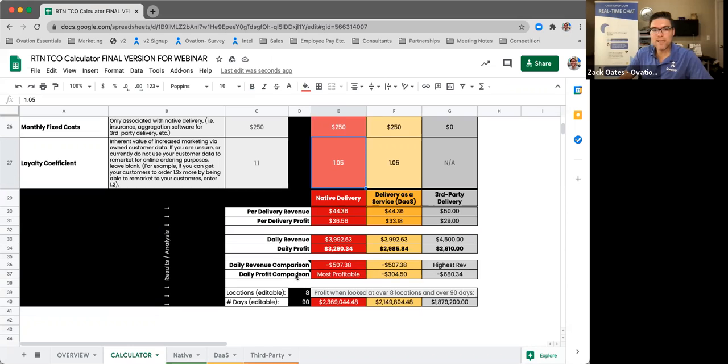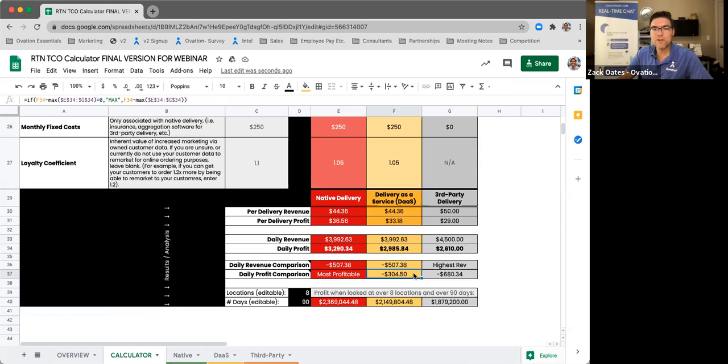So looking at daily revenue comparison, basically what we're doing is just doing formulas on the numbers up here, just to make it a little bit easier to go through. So you could see that while you may make $500 less on the daily revenue comparison for native and for delivery as a service, when you switch it to profitability, due to the fact that you're not paying that large commission, even with the technology fees, native delivery is the most profitable.